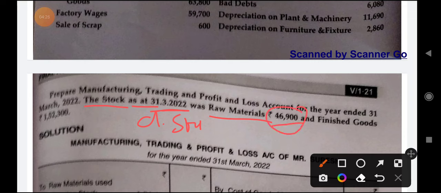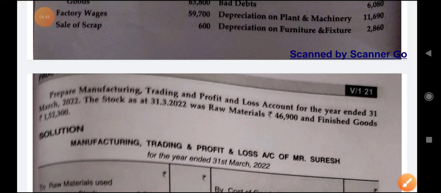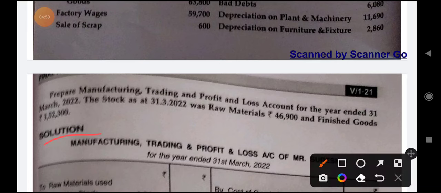This 46,900 will come under raw material, meaning manufacturing account. Finished goods, it is a little bit blurred, I'll write the amount 1,52,300. This will come under trading account credit side. Okay, so let us see the solution relating to it.